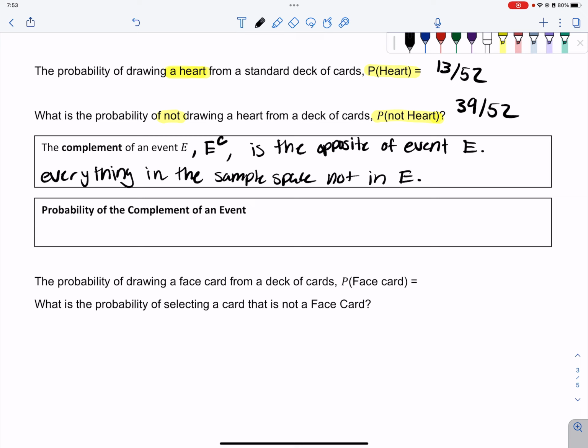The complement is everything that's not a heart. It's the entire opposite. So you're either a heart or you're not a heart in the deck of cards.